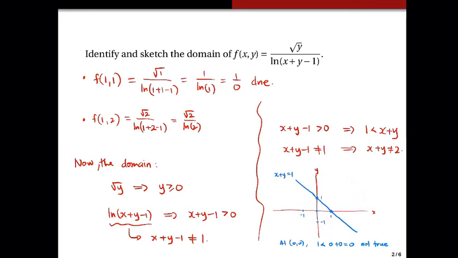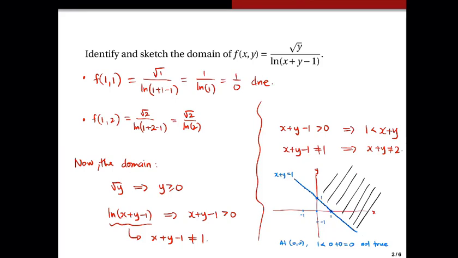So we will take this side. And furthermore, since we have the strict inequality here, the line x plus y equals 1 will not be included in the domain. So let us have the domain, at least for that part. We have this line, so it's just a dashed line here, and then the domain will be this part.